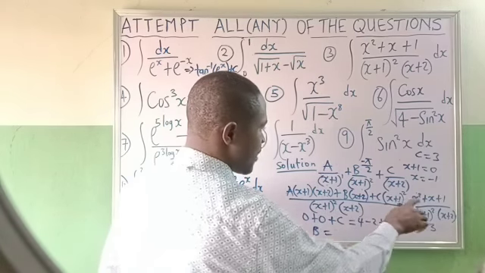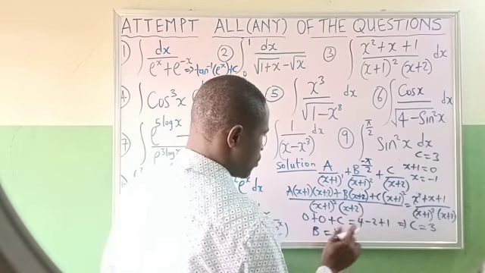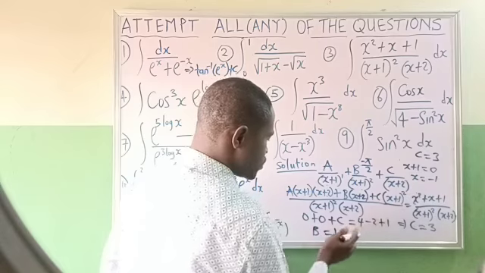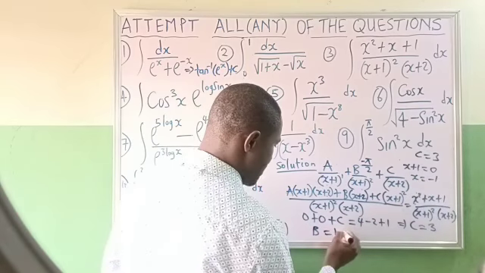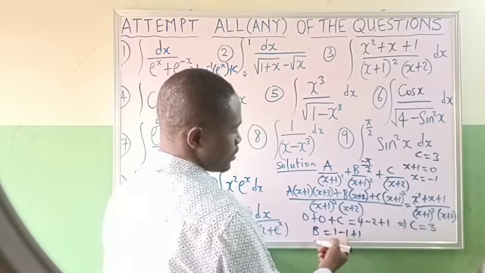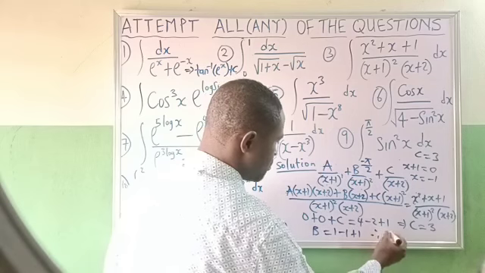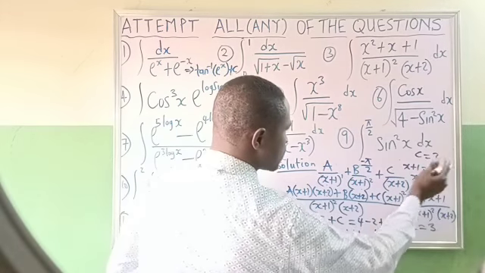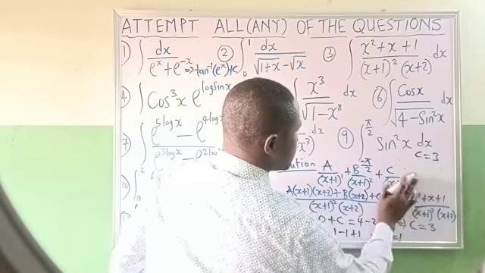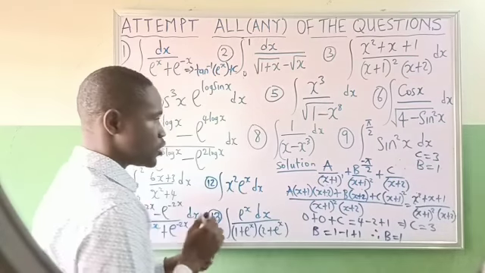Then equals minus 1 square is 1, plus minus 1 square is 1. Then x is minus 1, then plus 1. 1 minus 1 we have to be 0, plus 1. Therefore, B is equal to 1. We have gotten that B is equal to 1, and we got it also by direct substitution.